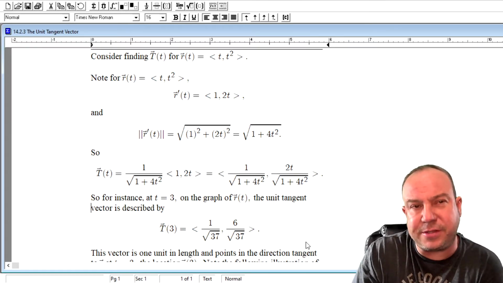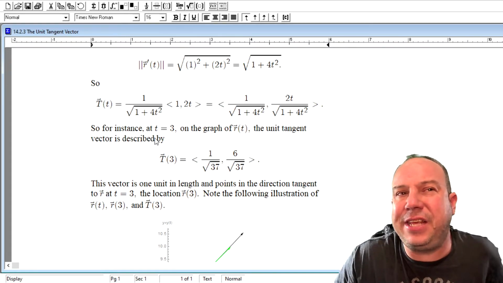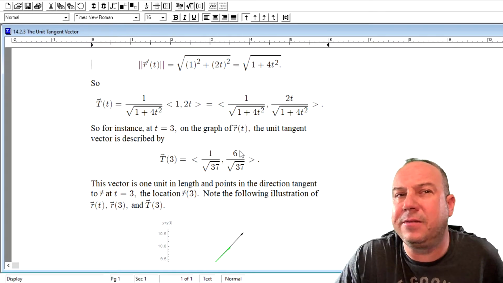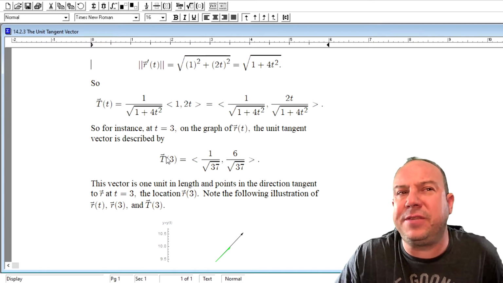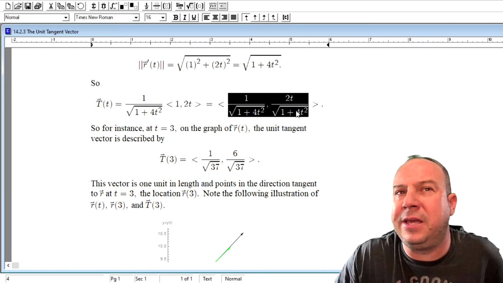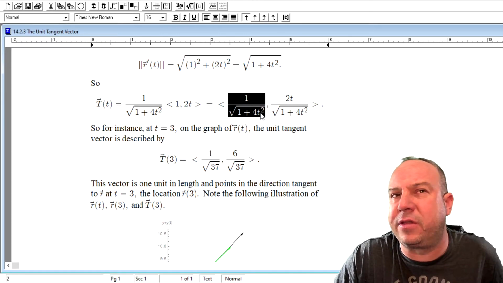So for instance, at t equal to 3 on the graph of r bar of t, the unit tangent vector is described by T bar of 3. You just plug 3 into this formulation for T bar. 3 into the denominator, this becomes 36, plus 1 is 37. So you have 37 under the radical in each component. So it's going to be 1 over the square root of 37 for the first component.